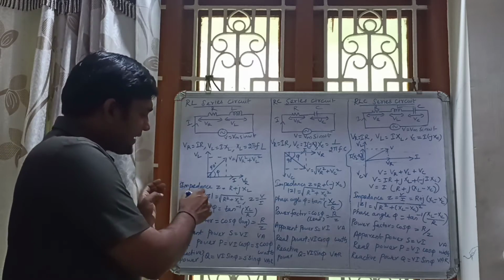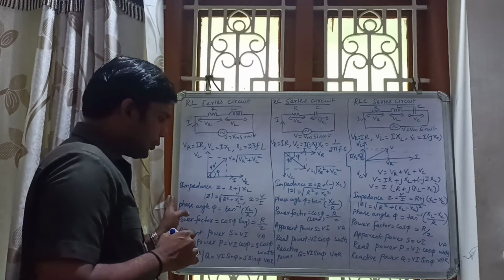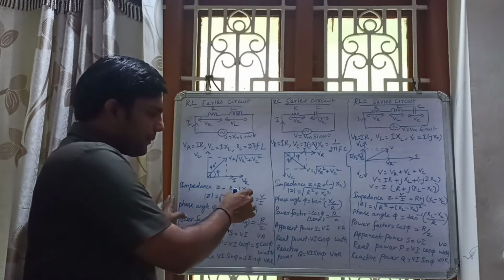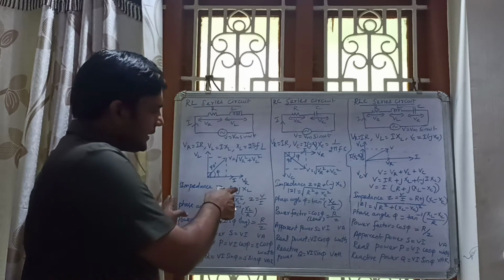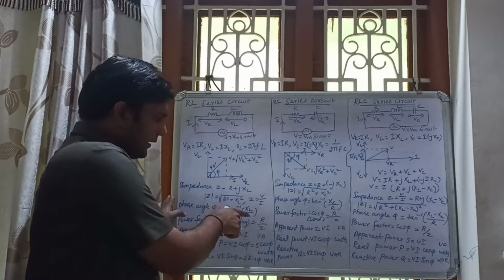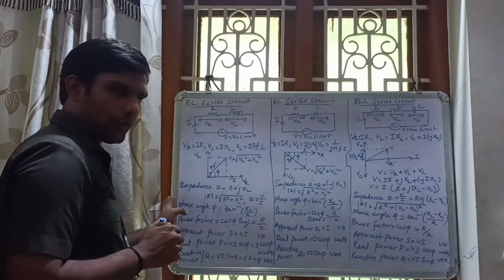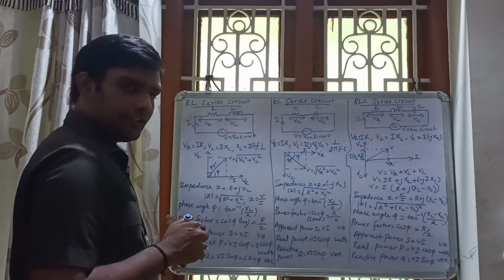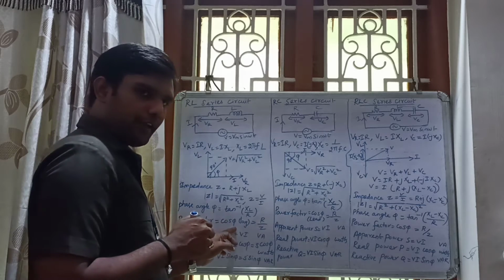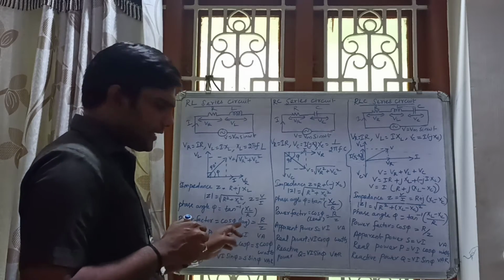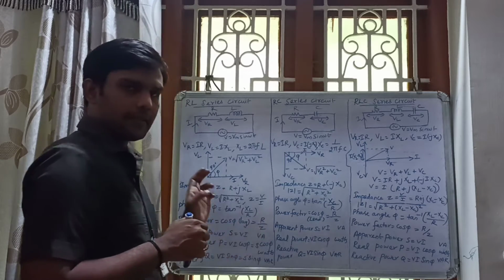Next, phase angle phi is equal to tan inverse of imaginary part divided by real part. Here the imaginary part is XL, the real part is R. Got it? Next, the power factor is lagging power factor, which is cos phi. Cos phi is equal to R divided by Z.